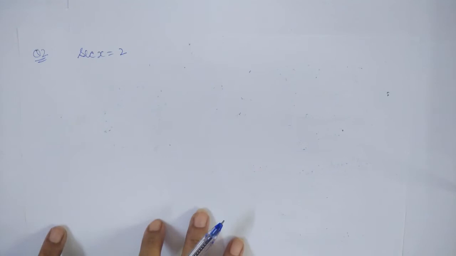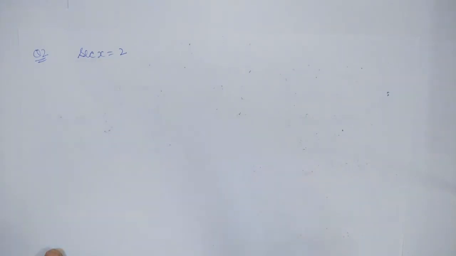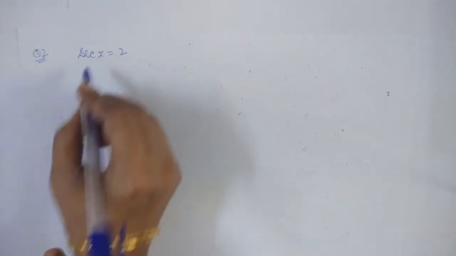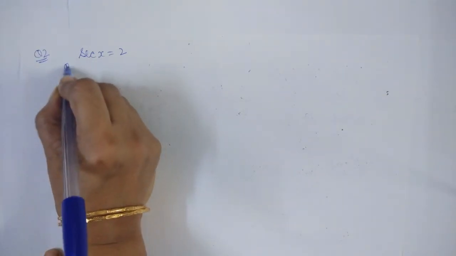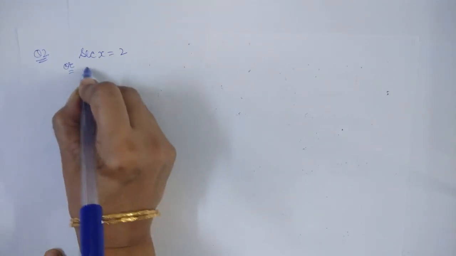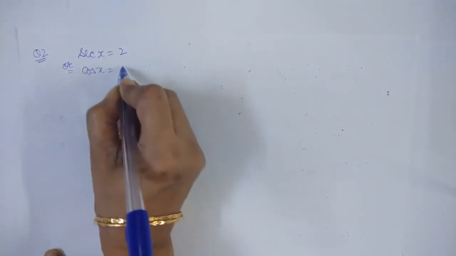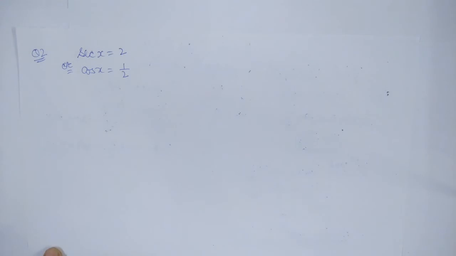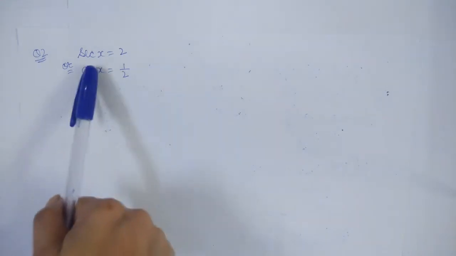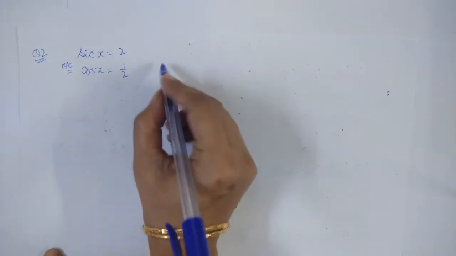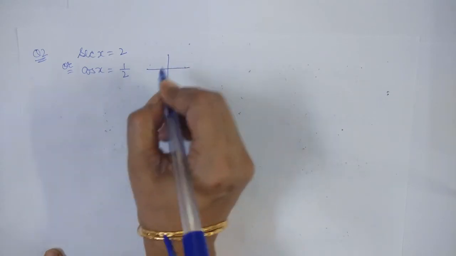Now, second question, sec x equals 2. Again, we have to find out the general solution and the principal solution over here. This sec x we can rewrite as cos x equals half. Now let's see in which quadrant it will lie.